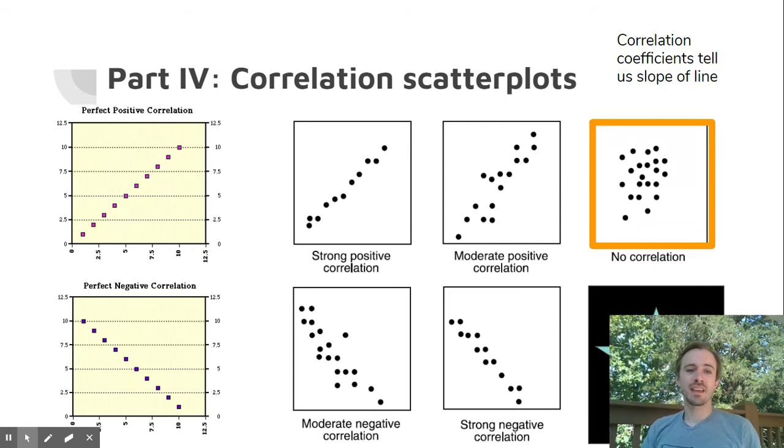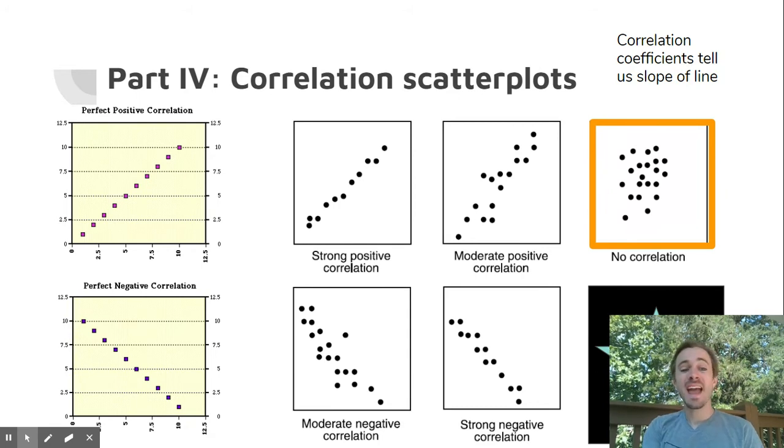So if there's something that has a perfect positive correlation, as one goes up, the other goes up on an XY axis, right? As the x-axis increases, the y-axis also increases, right? We see this perfect correlation right here, right? A perfect line in the upward direction, okay? That is a perfect positive correlation.